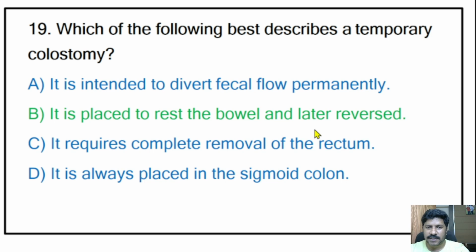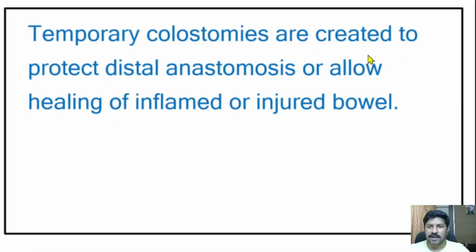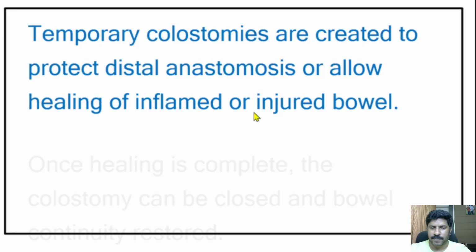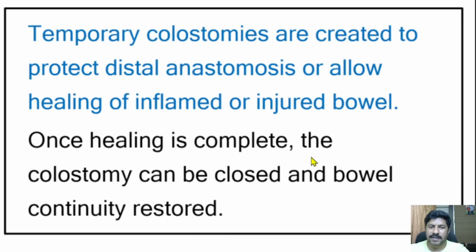After the healing of the distal bowel, it may join together. That is called reversal. Temporary colostomies are created to protect a distal anastomosis or allow healing of inflamed or injured bowel. Once healing is completed, the colostomy can be closed and bowel continuity restored.